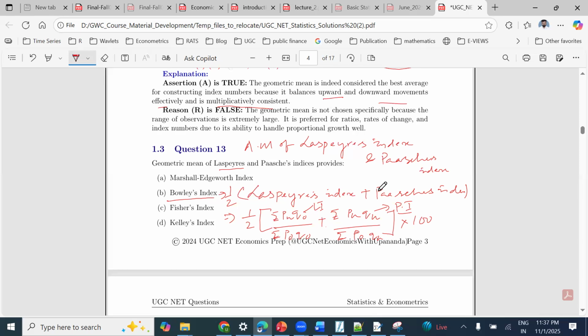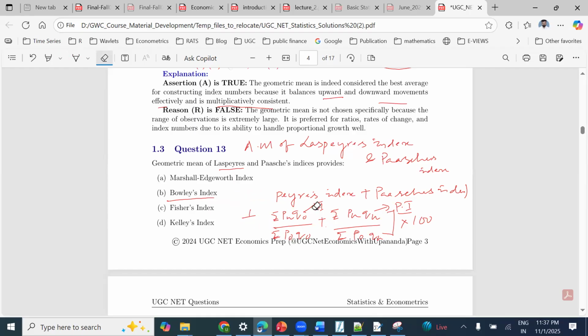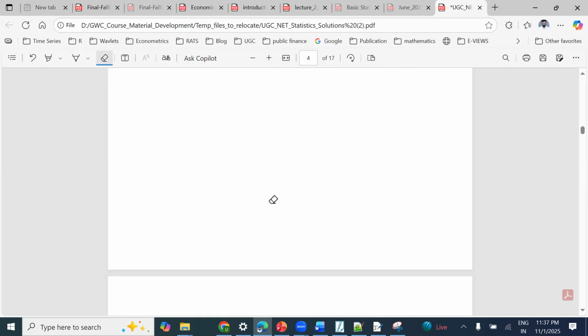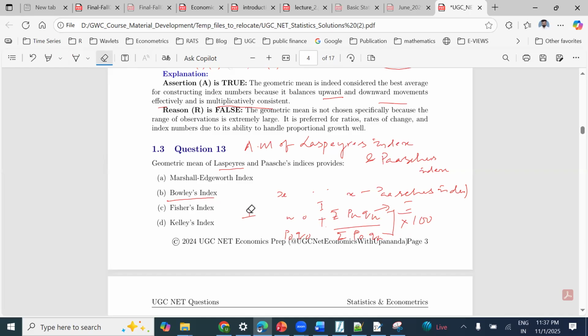I'm just telling you how to write it in mathematical notation. Root over PL into PP, very good, Madhusmita. Instead of half, we have to put a root over. Okay, great. Just give me a second.